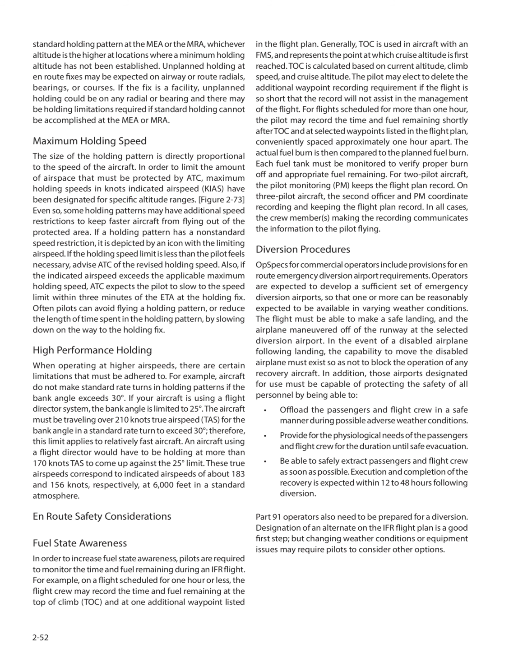An aircraft using a flight director would have to be holding at more than 170 knots TAS to come up against the 25 degrees limit. These true airspeeds correspond to indicated airspeeds of about 183 and 156 knots, respectively, at 6,000 feet in a standard atmosphere.